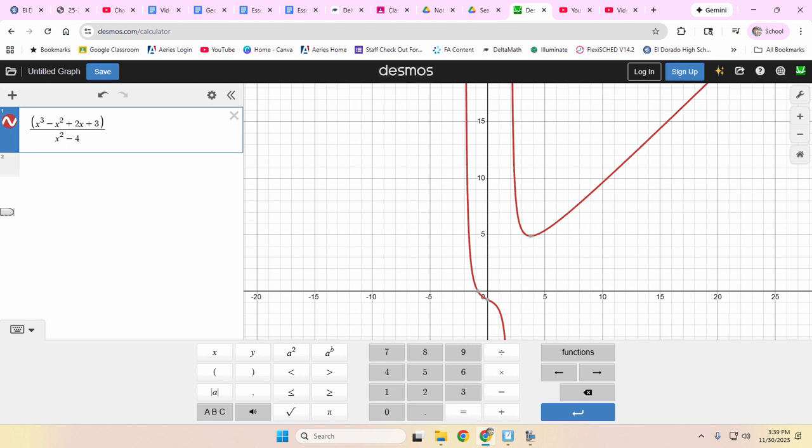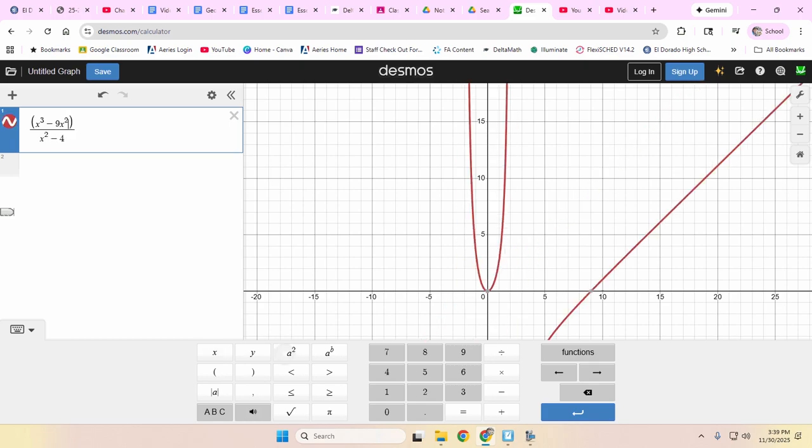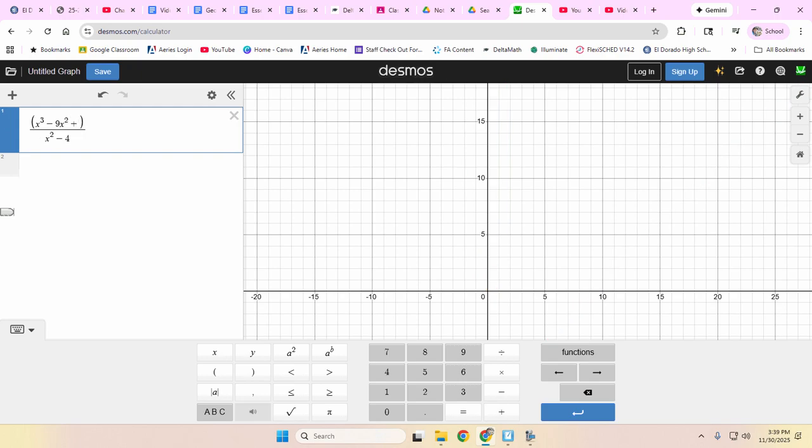All right, so our top ends up being -x cubed minus 9x squared plus 27x minus 27 divided by x plus 1.